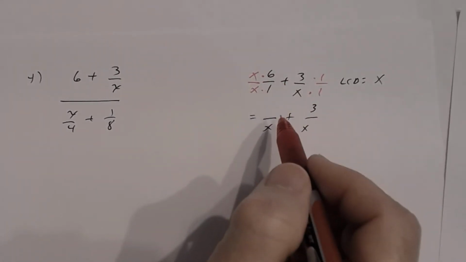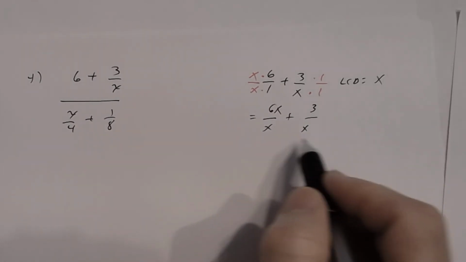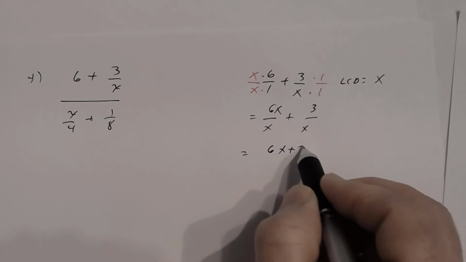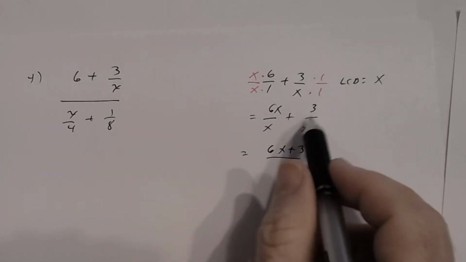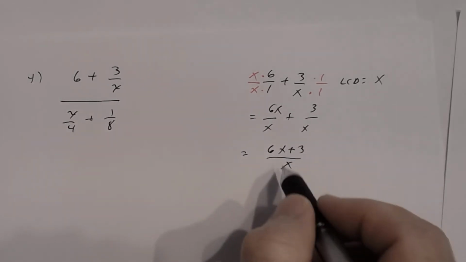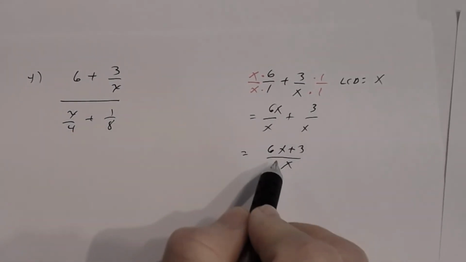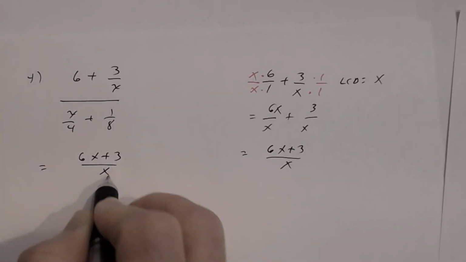So 6 times x will be 6x. Now I can write this as one rational expression: 6x plus 3 divided by x. Since the denominators are the same, I can just add the numerators together. So that's your one fraction, and that's going to be the numerator now. So 6 plus 3 divided by x is equivalent to 6x plus 3 divided by x.